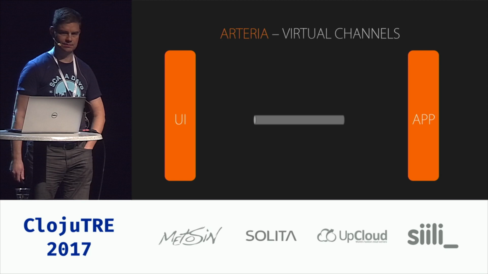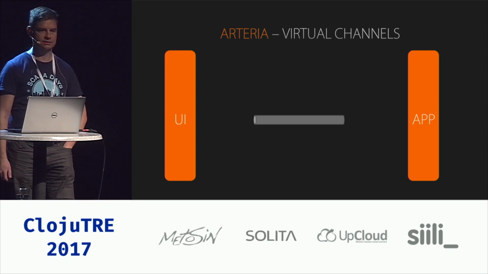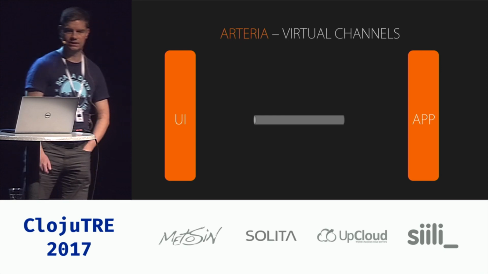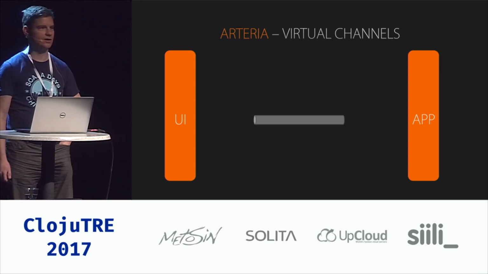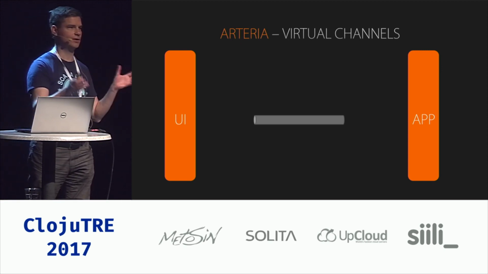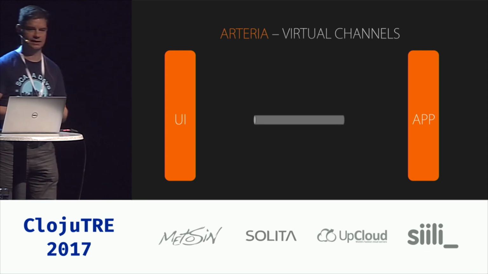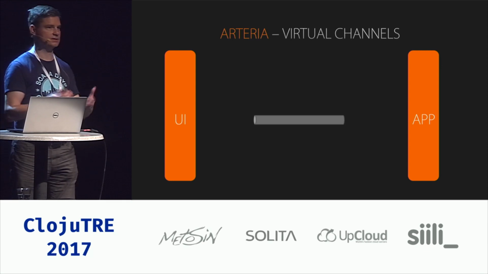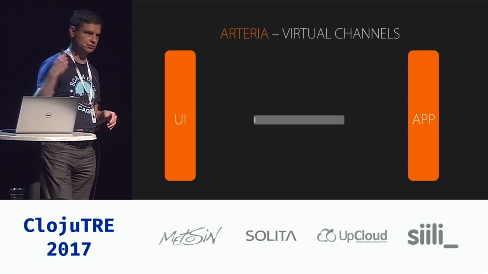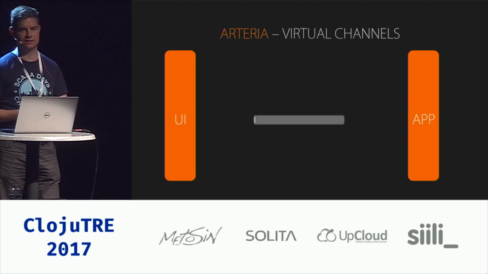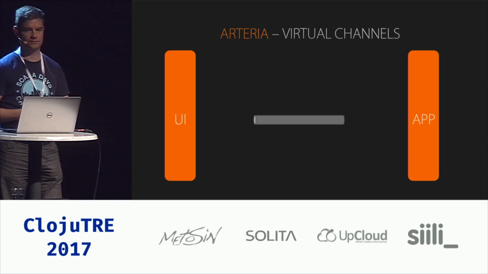To make it a bit easier to use this kind of communication, we use a type-safe virtual channel system built on the Arteria library, also part of the Suzaku framework. Basically, it hides the underlying plumbing of how our messages are actually built and sent between the web workers and things like that. So the application only sees these virtual channels where it can push messages and receive messages, and those messages are type safe, so you cannot send wrong kinds of messages.